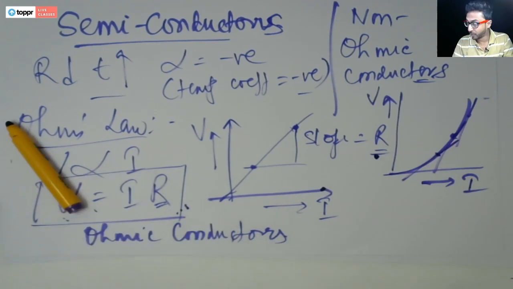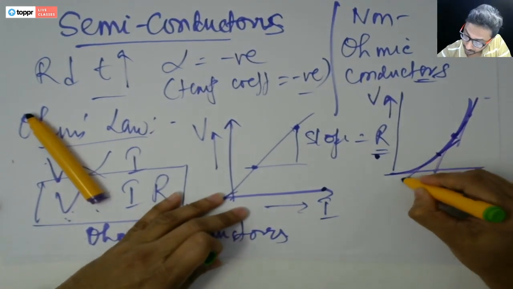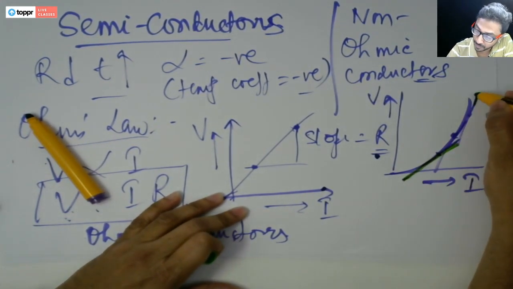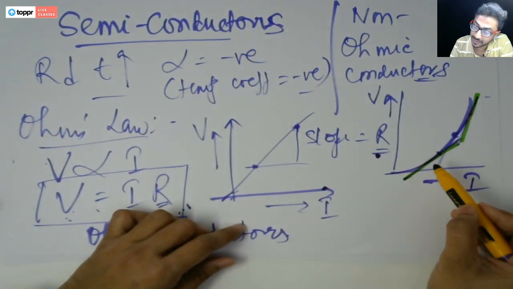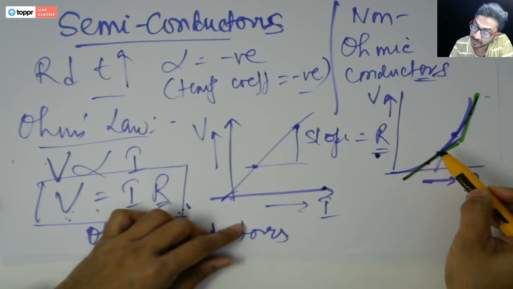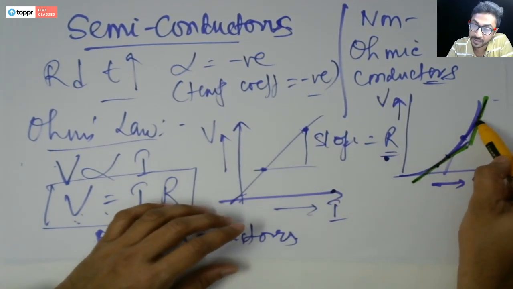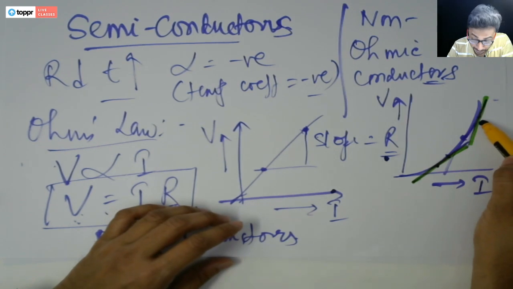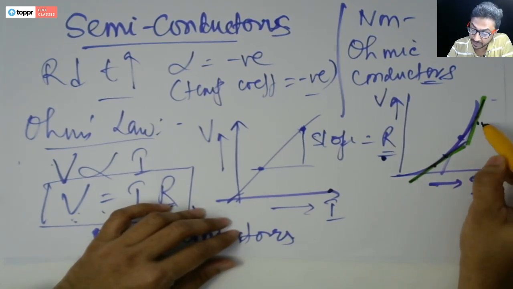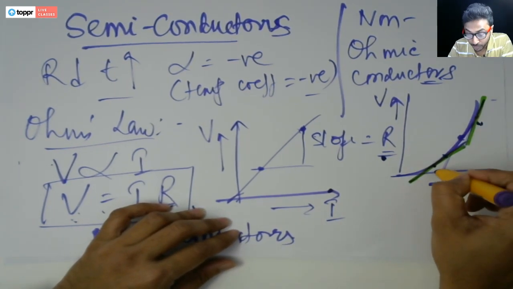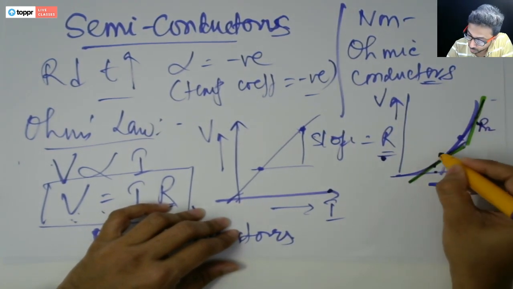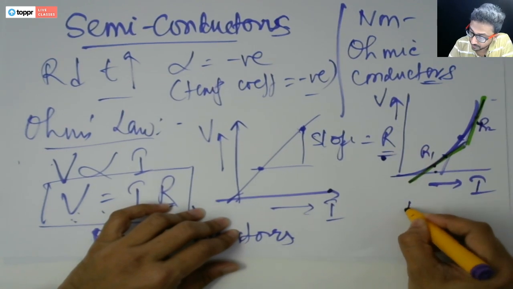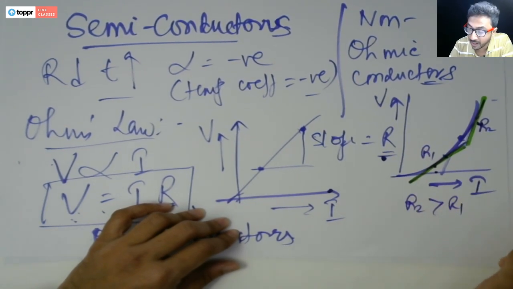This is one slope, this is another slope. The slope is different, which means the resistance at this point is not equal to the resistance at this point. At this point the slope is more, so the resistance will be more. If we write R2 and R1, definitely R2 will be greater than R1.